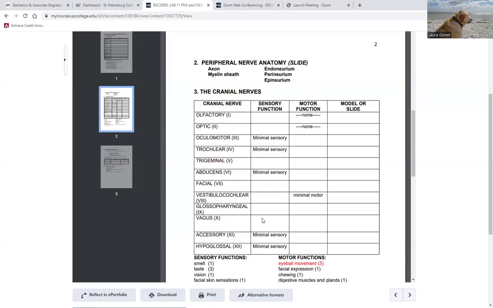It also conveys visceral sensation. So what does that mean? It means that it conveys information about sensation from the organs in your abdominopelvic cavity, as well as from those in your chest.